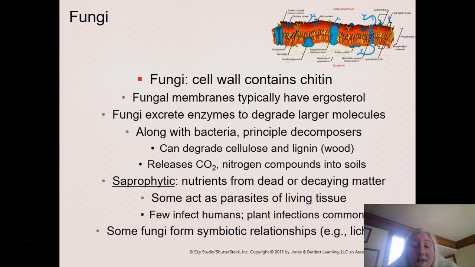Fungi are decomposers. They can attach to living or dead tissues and materials. Anything that has organic molecules in it, they'll attach. They tend to like terrestrial environments, but they also need moisture.